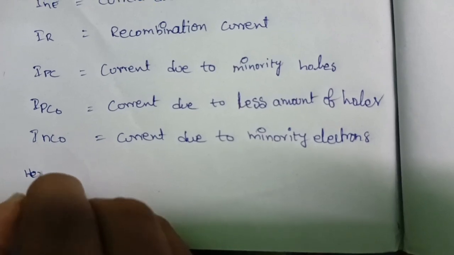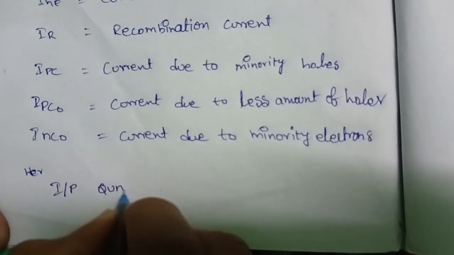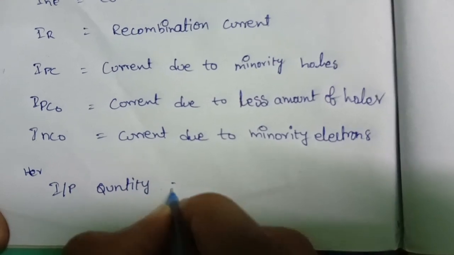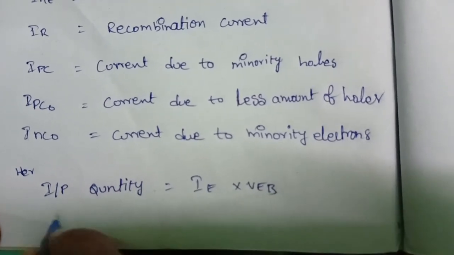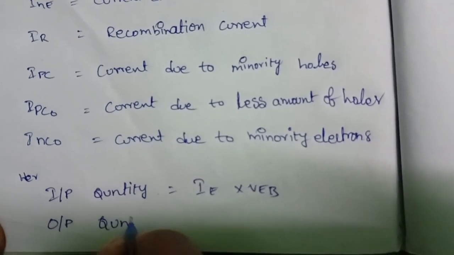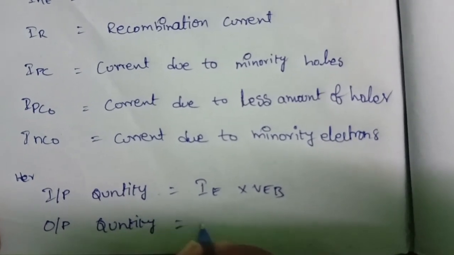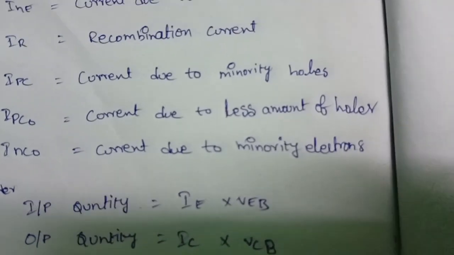Here the input quantity is IE into VEB and the output quantity is IC into VCB.